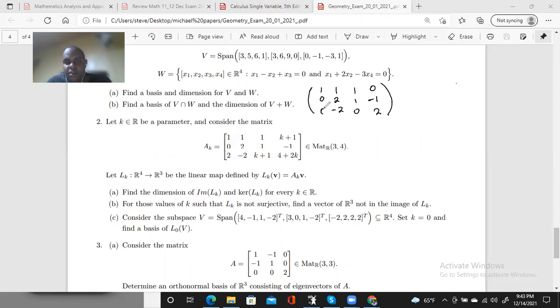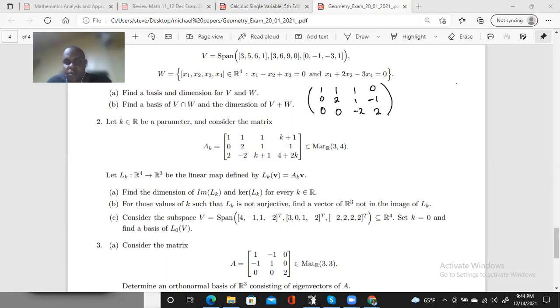2 minus 2 is 0. -2 minus 2 is -4. 0 minus 2 is -2. Then we have 2 and 2. And then if we do twice this plus this, 4 plus -4 is 0.